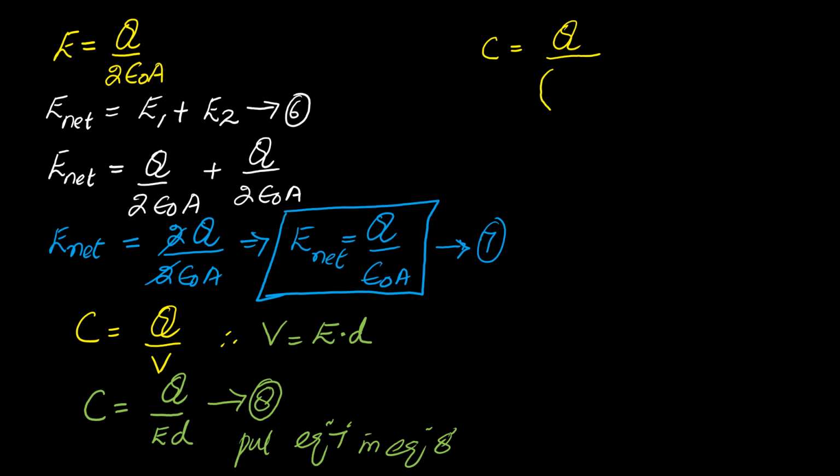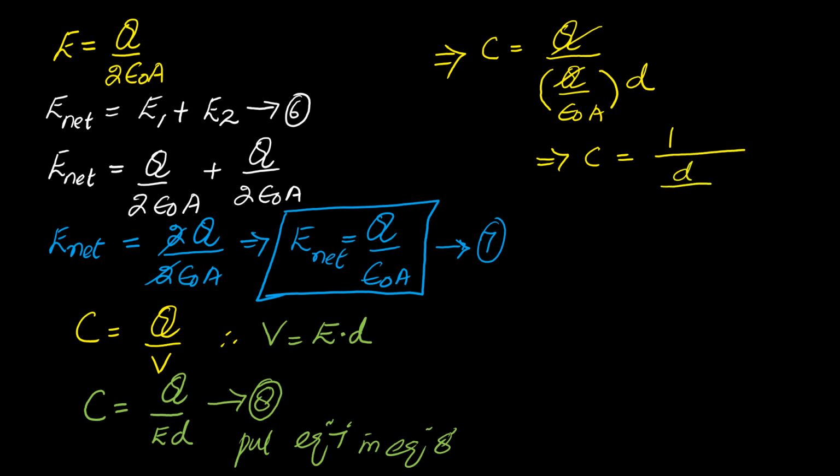As you know, the value of E is Q divided by epsilon naught A. Now, dear student, please keep in mind that Q will cancel with Q, and we get the capacitance of the capacitor as C is equal to 1 over d divided by epsilon naught A. If we rearrange this equation, then we can easily get that the capacitance of a parallel plate capacitor is equal to epsilon naught A divided by d.